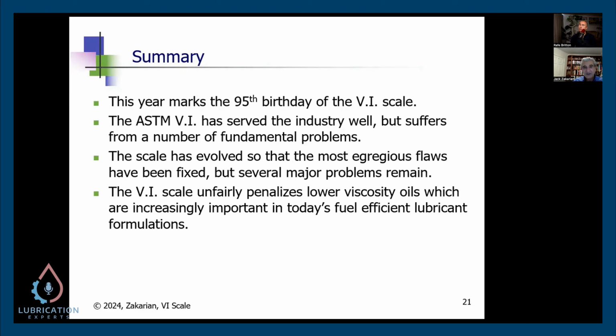These days, the lower vis oils are where it's at when it comes to transportation lubricants, both engine oils, transmission lubes, axle oils. Everybody's looking for better fuel economy. They're looking for lower vis oils. To make those lower vises, we have to over process in order to get what's considered an acceptable VI. And that just means you lose oil in the course of doing the processing.